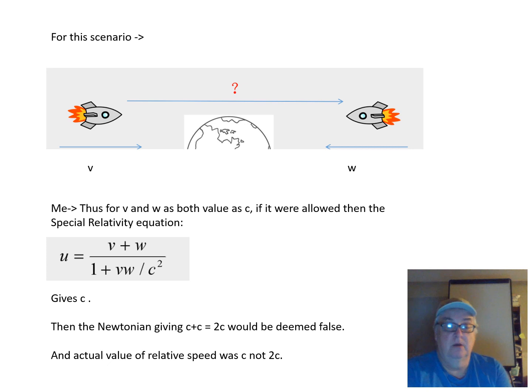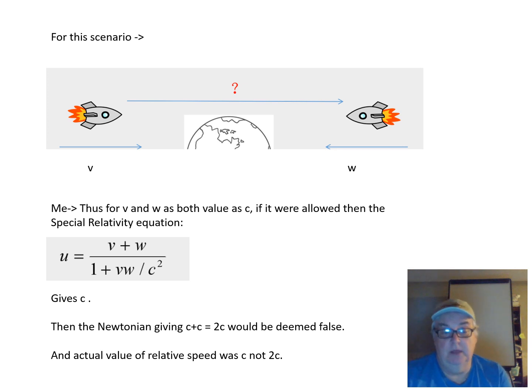So the Newtonian equation for relative speed is deemed good for low speeds, such as a low speed of 0.1c, but if you go to very large speeds, such as a speed of c, then the Newtonian equation is no longer valid.